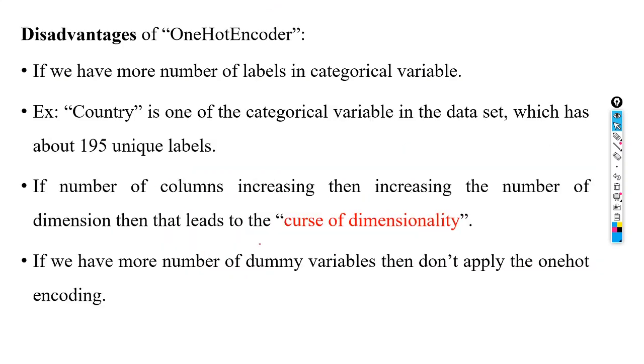So what is the disadvantage of one hot encoding? The disadvantage is when you have a large number of labels in the categorical feature. For example, I have one feature, the country. Country is one of my input features, and it is a categorical feature. Under the country feature, I have 195 unique labels, since in the world approximately 195 countries exist.